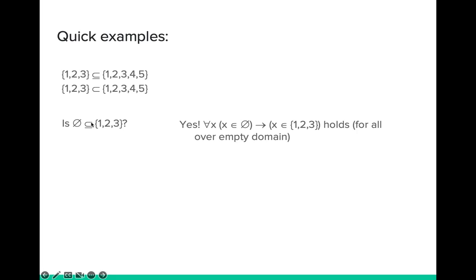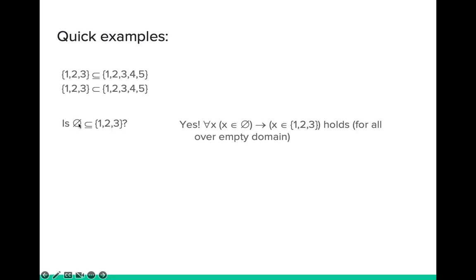Now, is an empty set a subset of {1, 2, 3}? Yes, because for all X, if X is in the empty set, it implies that X is in {1, 2, 3}; this holds vacuously over an empty domain.